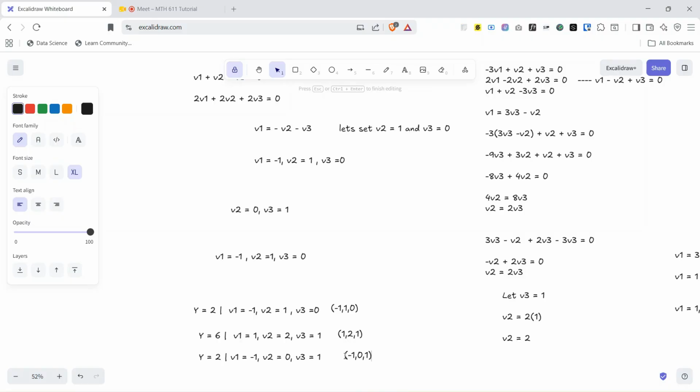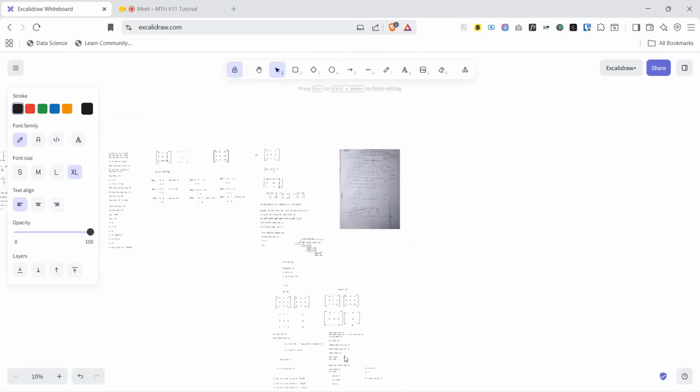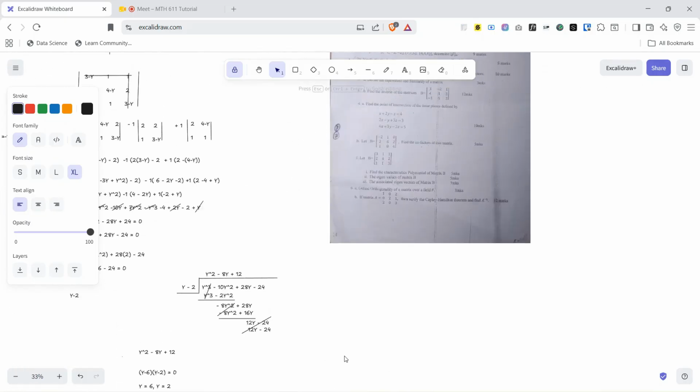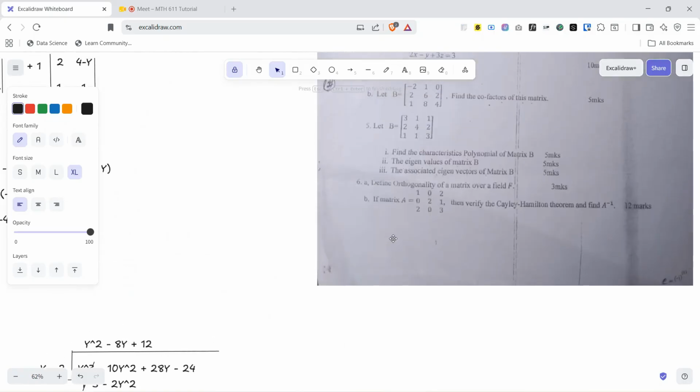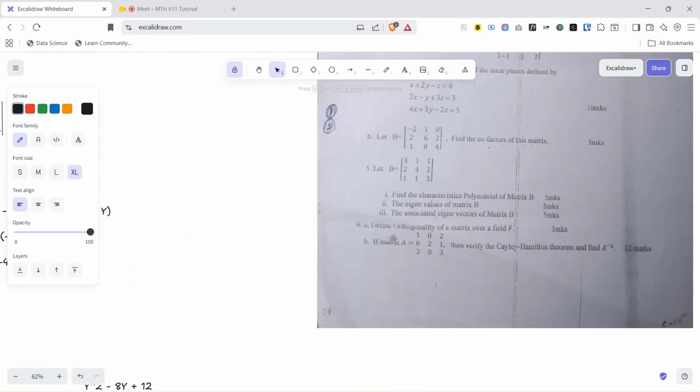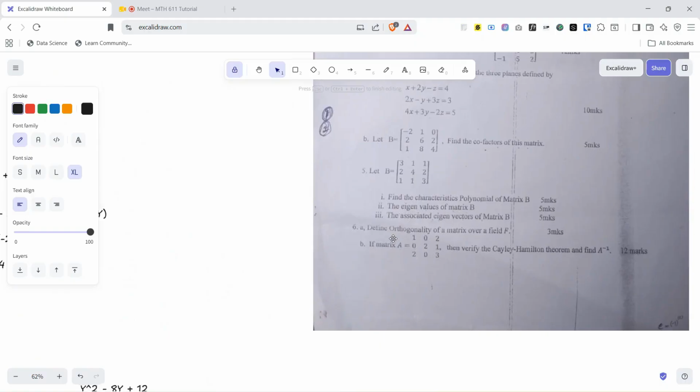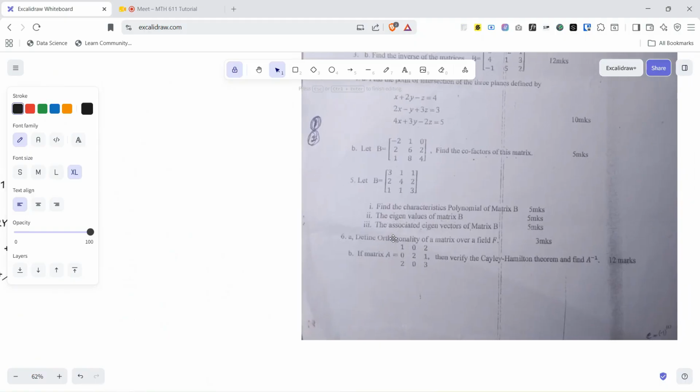So this is the eigenvector for question 5. Yeah, it took us a lot for question 5. So we are moving to question 6.